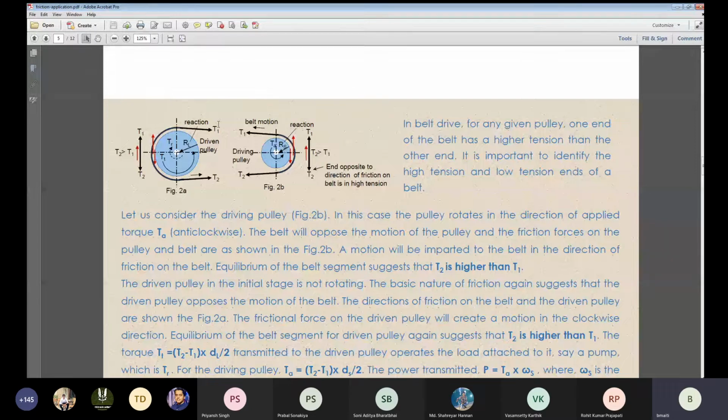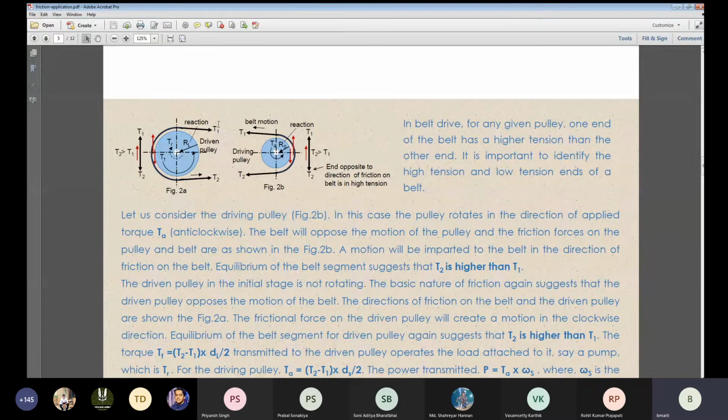Why is that a load? Because there are certain elements. The bearing is there, it is eating away a certain amount of load. There are the seals, which will also be taking up some load. Then you are pumping the water, so you are doing some work. Okay, that is a load.